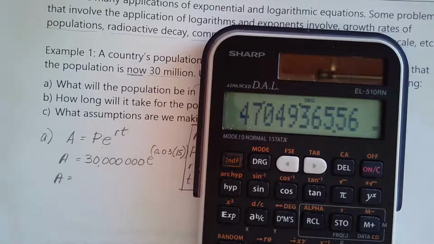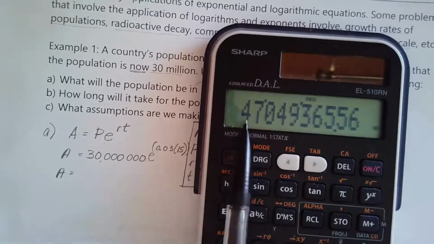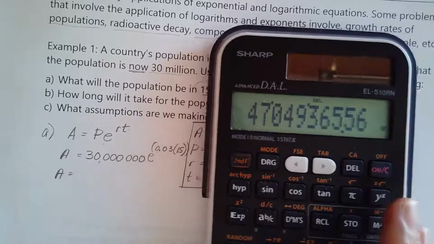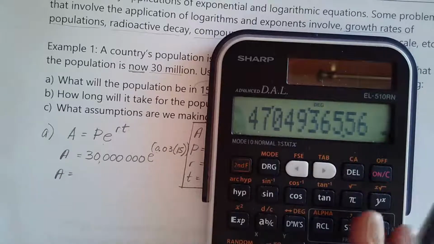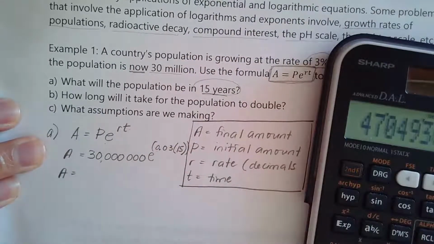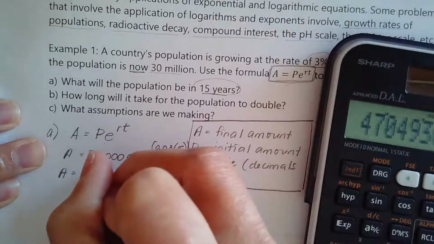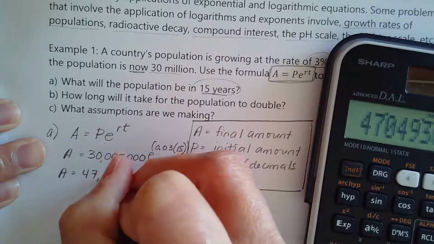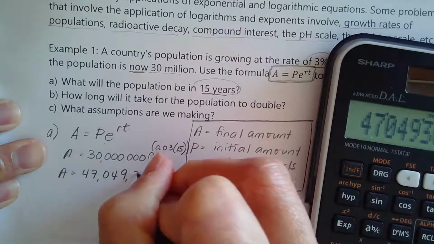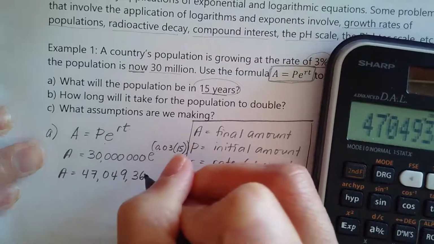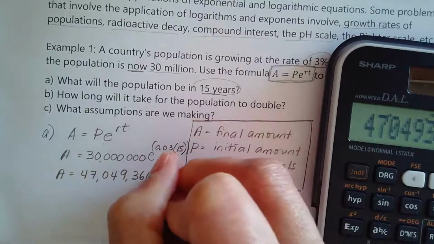Because it's growing continually, it's going to increase, right? So the number of people would be about 47 million. I'll just write that down: 47,049,366 people.